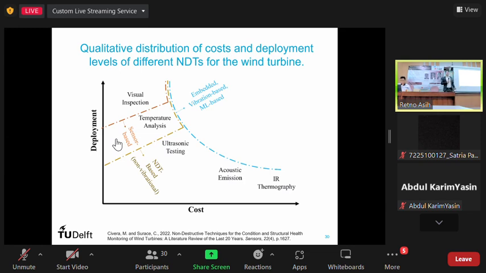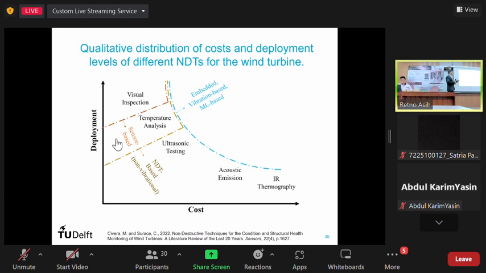That's why you still see in many structures like bridge monitoring, they still send someone to do visual inspection because that's cheaper. Of course, there are challenges: it depends on the operator, the skill of the person, and the data collection is not as it should be, and many other issues that we can discuss. That's why now we are moving towards automated visual inspection. But it's still one of the good solutions.